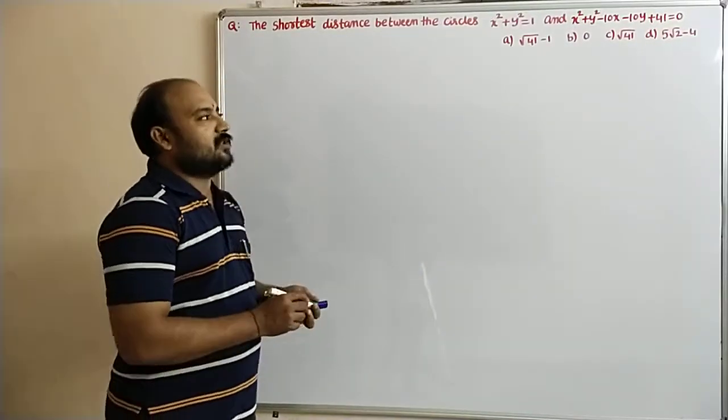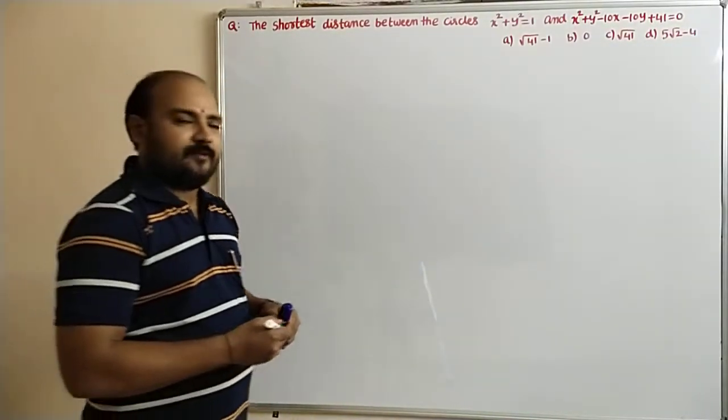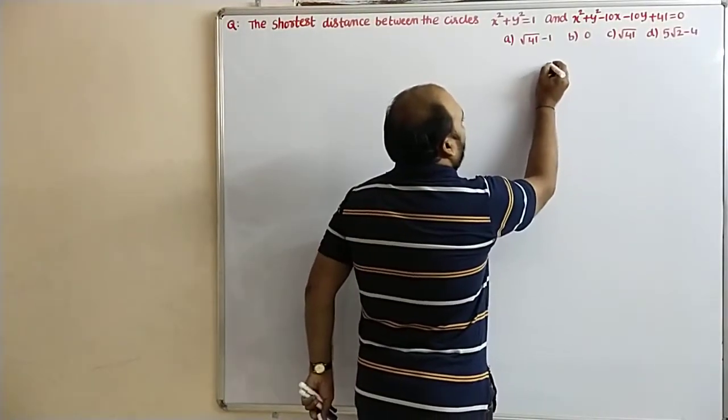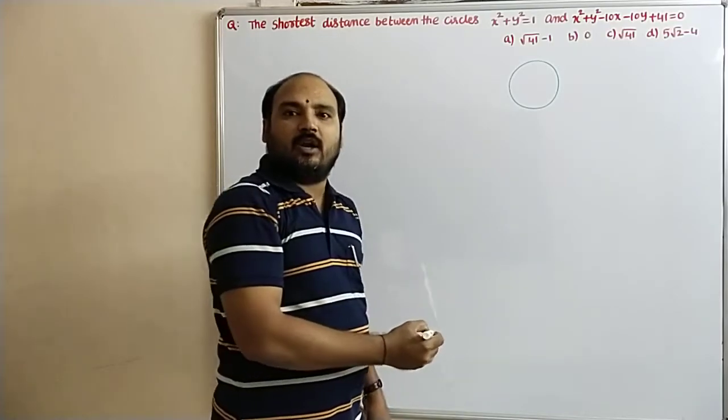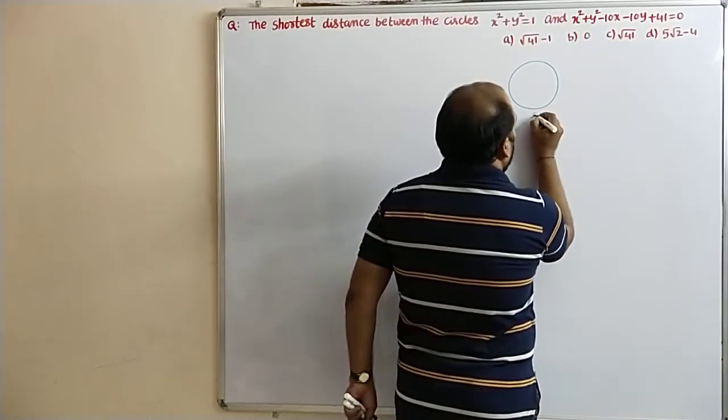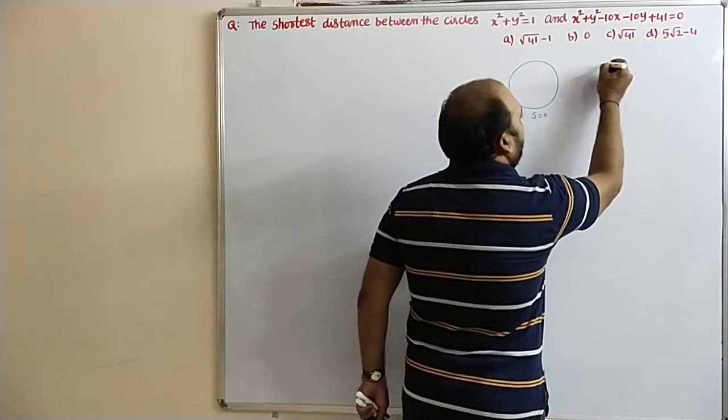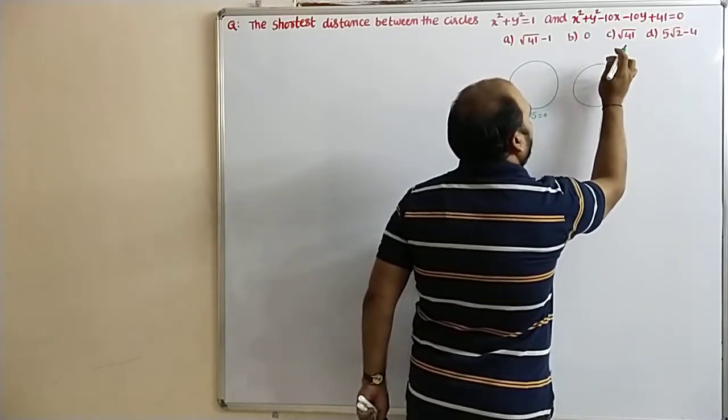See here, first here shortcut formula is there for that. S equal to 0 be the circle and S dash be the another circle.